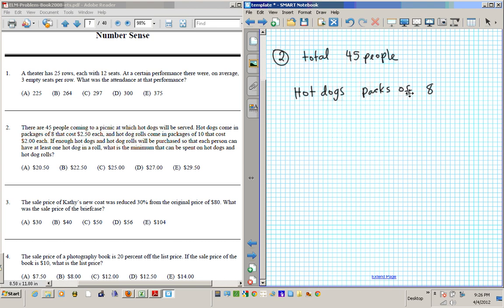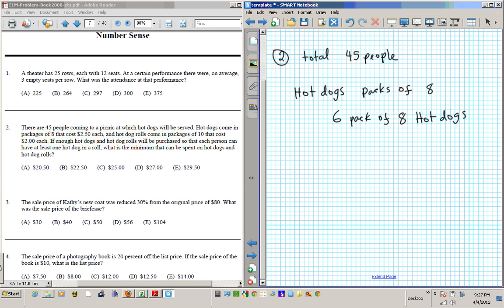So we need at least 6 packs of 8 to meet 45 people, because 8 times 6 is 48, and that is more than enough. If we did 8 times 5, that would be 40. That's not enough, so we need 6 packs of 8 hot dogs.